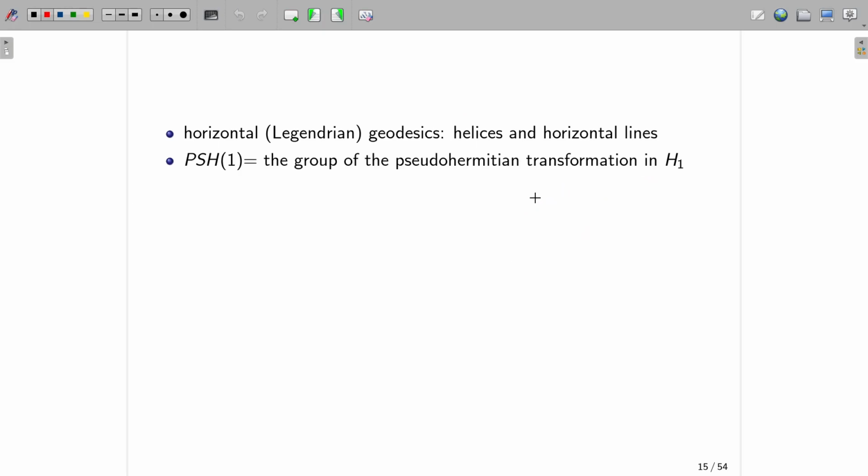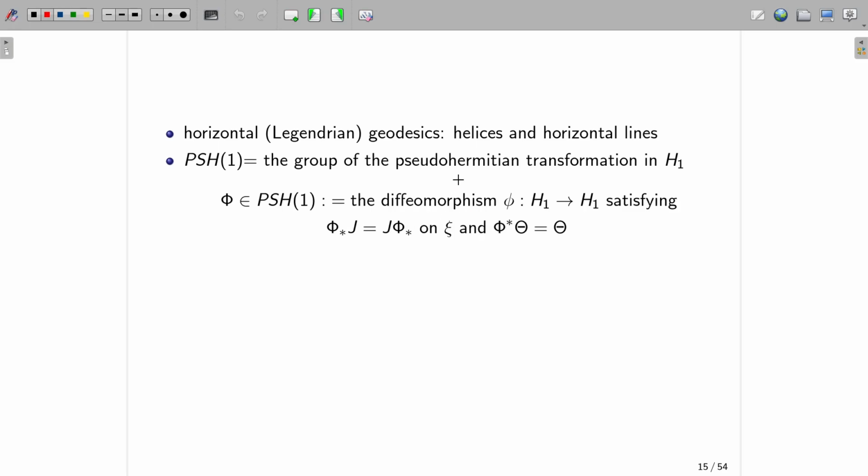And PSH is the group of pseudo-Hermitian transformations in H1, defined as follows. The group is the set of all diffeomorphisms from H1 to H1 such that the almost complex structure commutes with the diffeomorphism, and which also preserve the contact form.